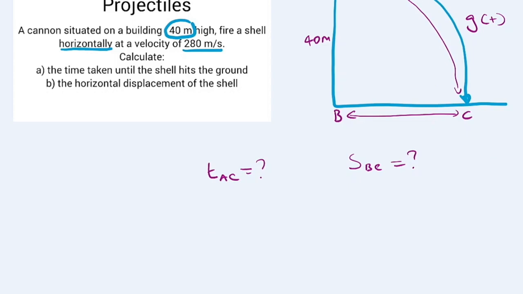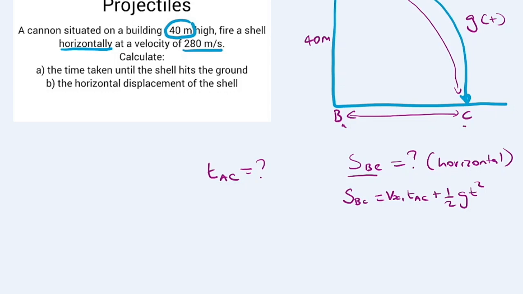We have to calculate time because this is horizontal. To find this horizontal distance from here to here, we have to apply this equation of motion. It is S_BC equals initial velocity times the time it takes A to C, plus half g t squared.